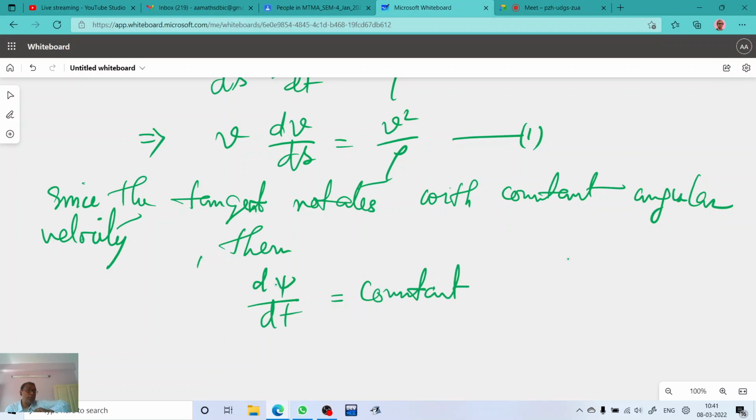Psi is the angle between the positive direction of x-axis and the tangent in the anticlockwise sense.